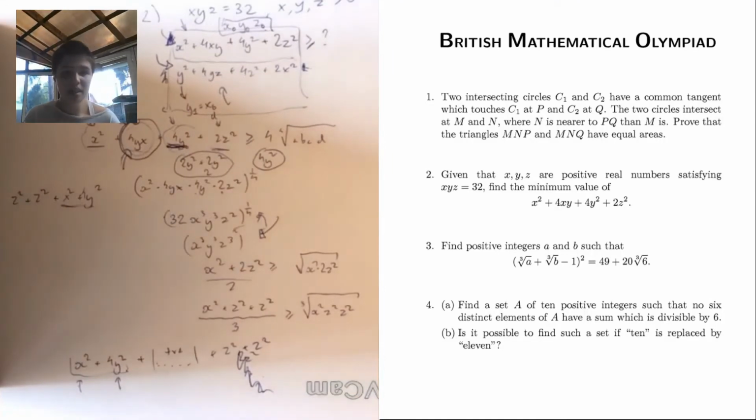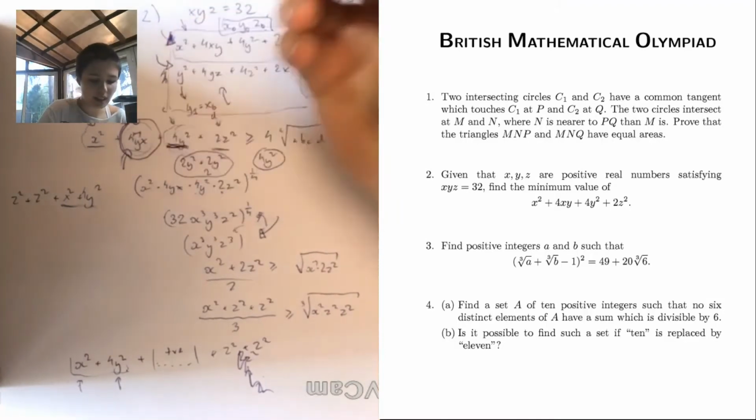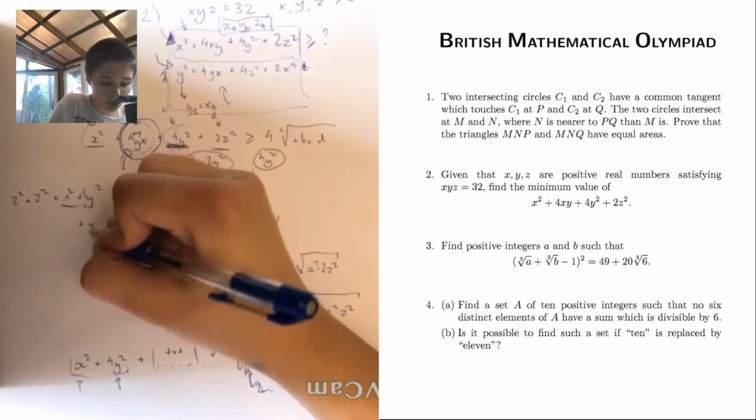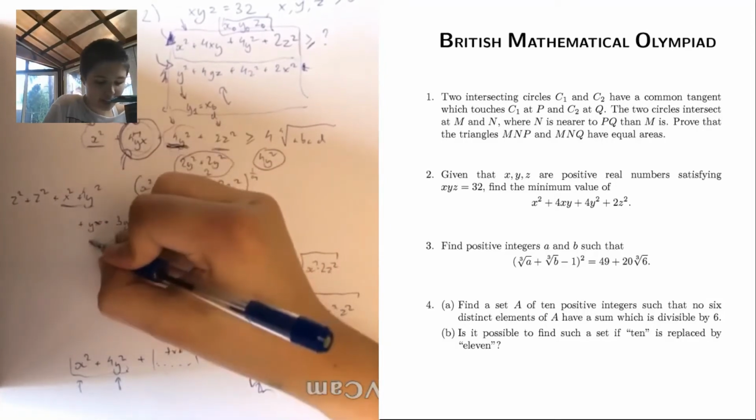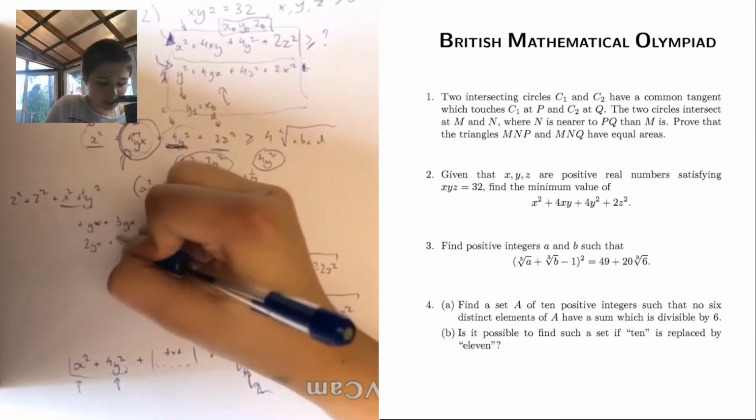So we kind of want to add two powers of 1, because there's a maximum power of 1 here. So we could add plus yx plus 3yx, or we could add plus 2yx plus 2yx.